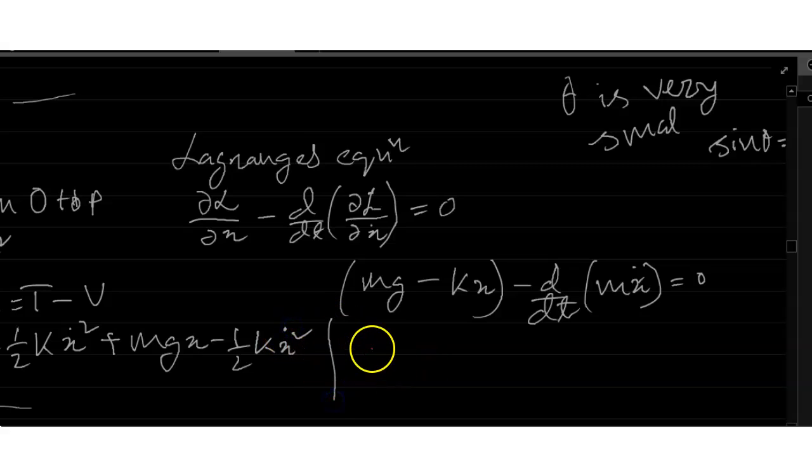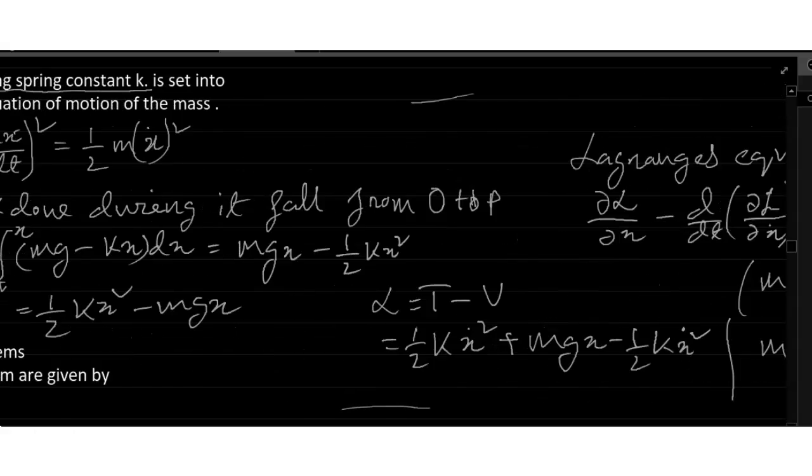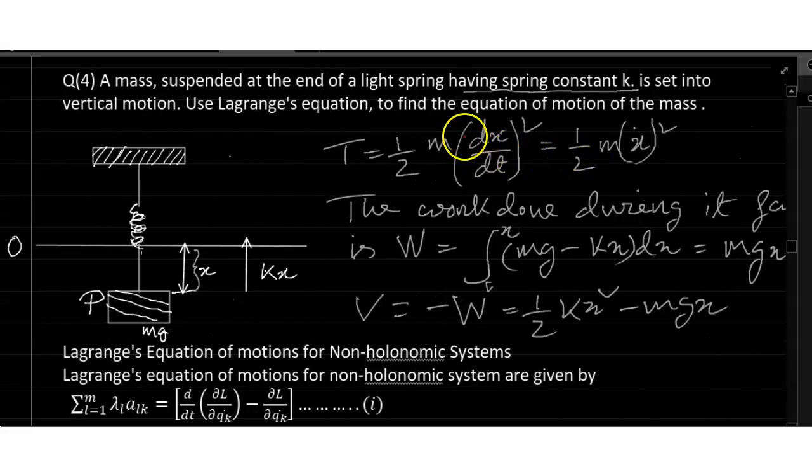So this value we get m into d square x by d t square is equal to mg minus kx. This is the Lagrange's equation of motion.